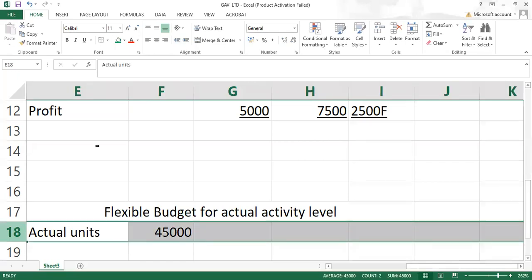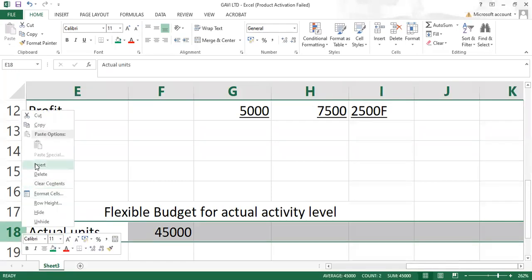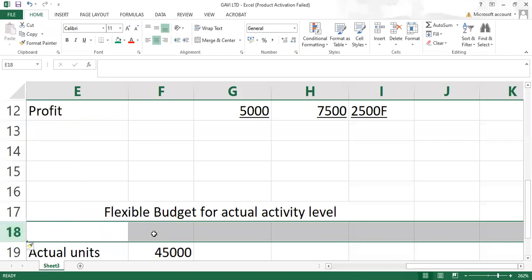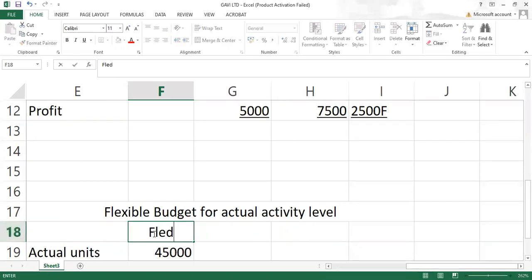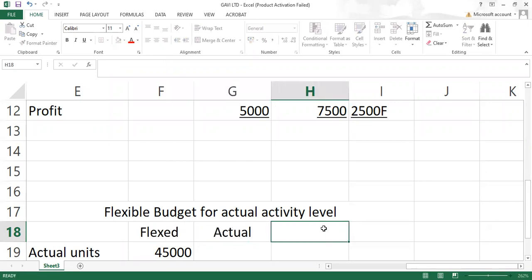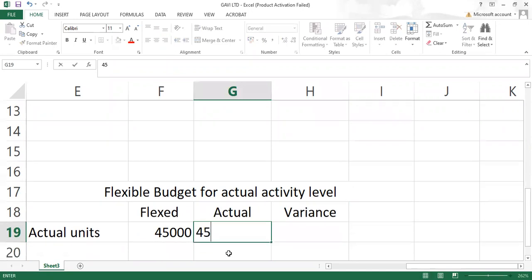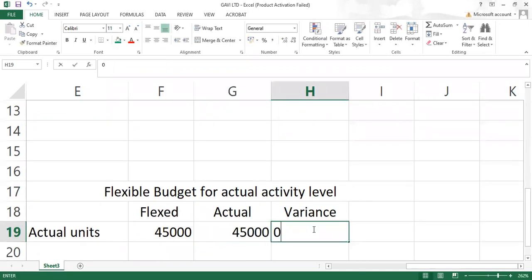Let me put first here, first budget, then actual and what? Variance, isn't it? Okay. So the actual will be 45,000. Oh, that is unit, isn't it? So this will be 0.